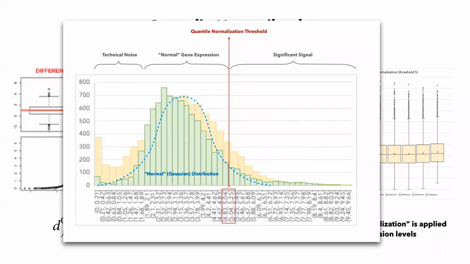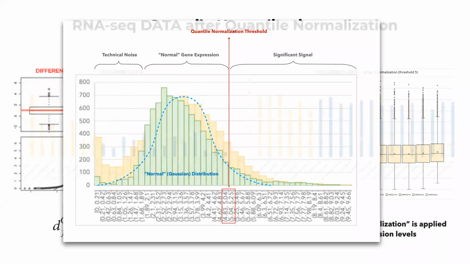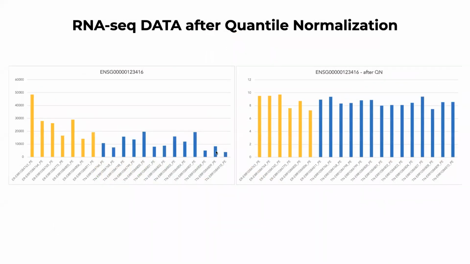The result of quantile normalization is making the data more comparable. Here you can see before quantile normalization, and here you can see after. Here you have samples from 50,000 all the way to 10,000, or let's say 15,000 in one condition, right?